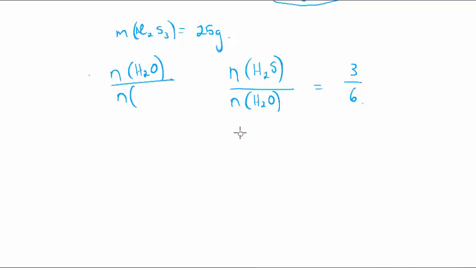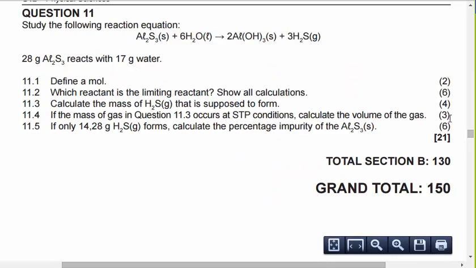Now we substitute the mass of H2S divided by the molar mass of H2S over the moles of water. The mass of water used is 17, the mass of water is 18, is equal to 1 over 2. I'm just simplifying that, 3 over 6. So I multiply both sides.